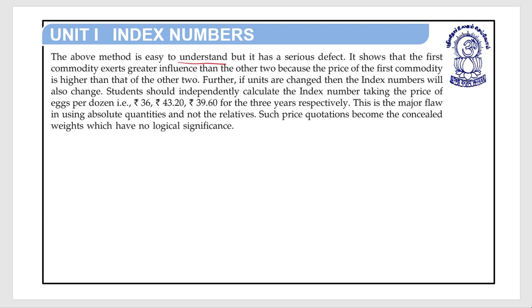The above method is easy to understand, but it has a serious defect. It shows that the first commodity exerts greater influence than the other two because the price of the first commodity is higher than that of the other two. Further, if units are changed, then the index numbers will also change.